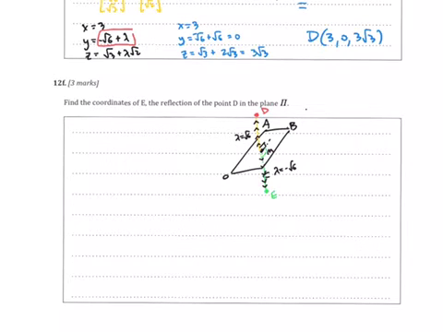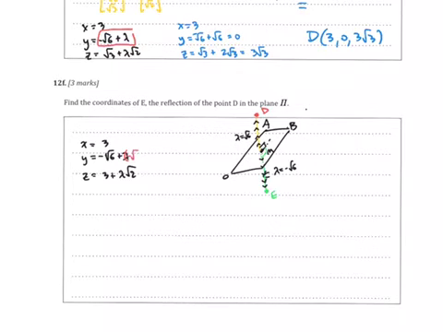So to get to E, we would plug into the same equation for line L, because E will be on line L. But now we're going to plug in negative root 6 for lambda instead of positive root 6.